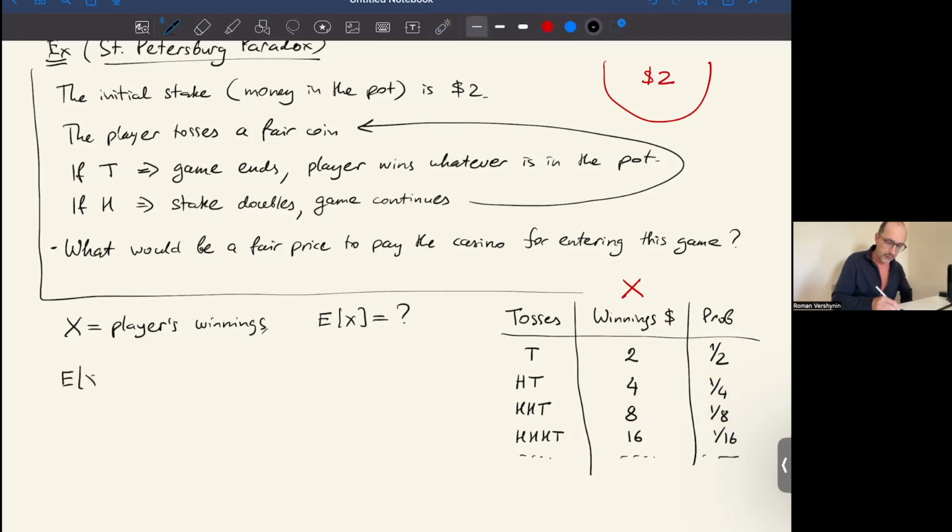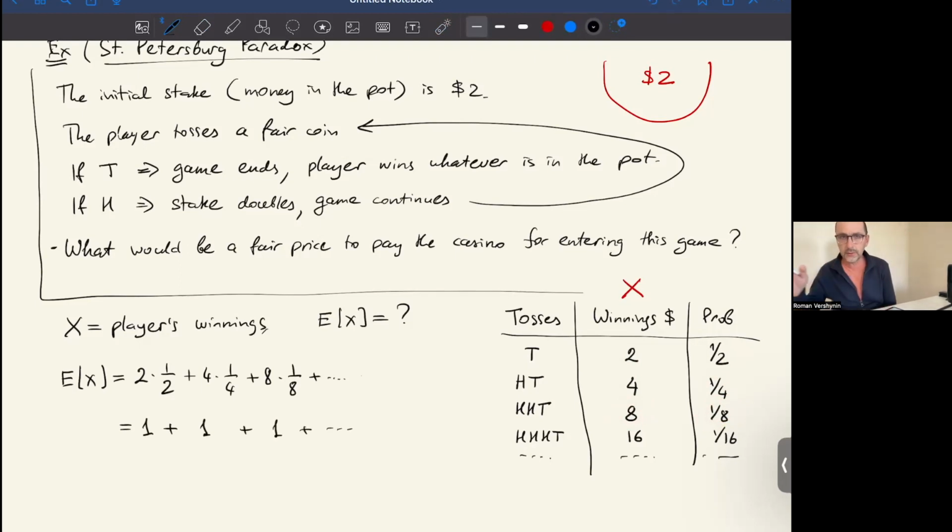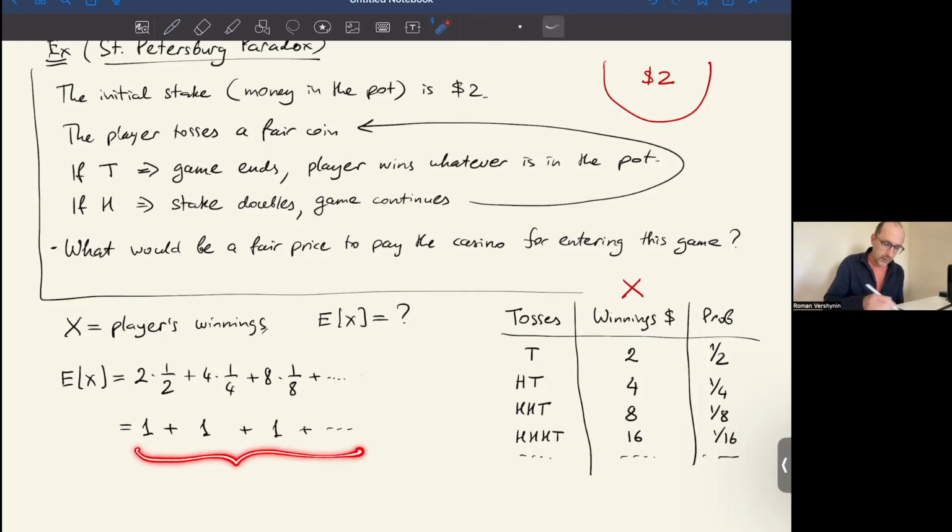Therefore, the expected value of x, by definition, is 2 times 1/2 plus 4 times 1/4, plus 8 times 1/8, and so on. Now this is 1 plus 1 plus 1, and so on. So we're summing ones infinitely many times, and the result is infinity.